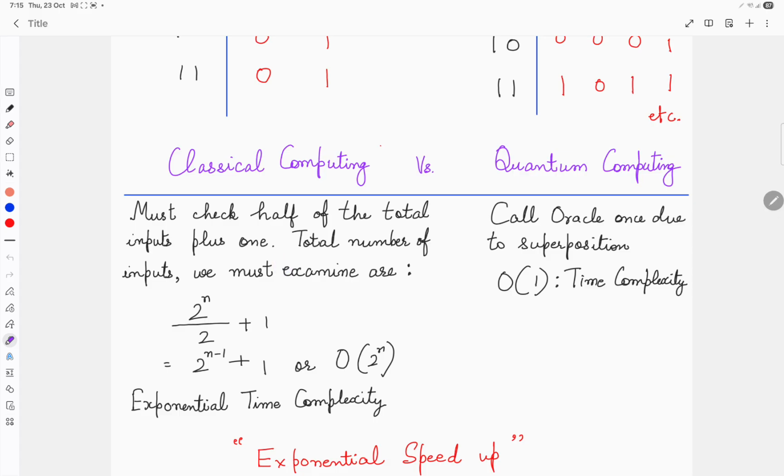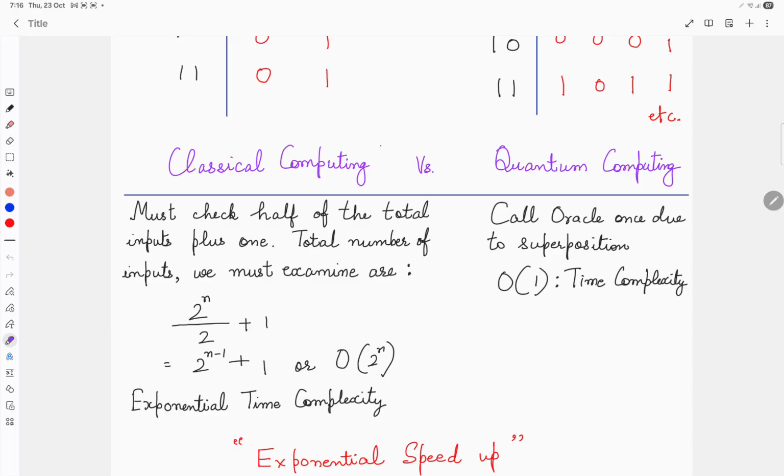Let's say for half of the inputs the output is 0, and if the next input that we are checking is also 0, the function stays constant. But if we check half of the inputs and the output is 0, but for just the next input the output is 1, in that case the function doesn't remain a constant function, it will be a balanced function, right?